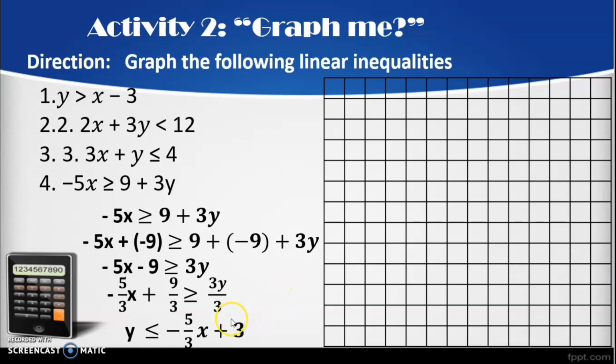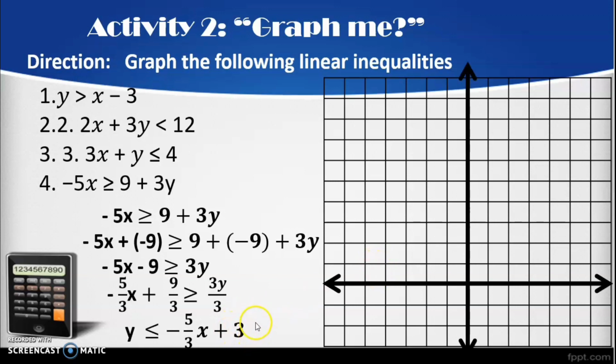So we will graph. Our slope is negative 5/3 and our y-intercept is positive 3. So we will graph in our coordinate plane.